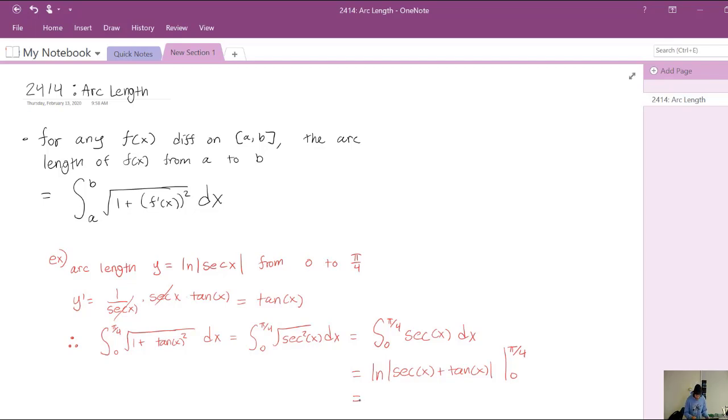And then finally we plug in, so we have natural log of secant pi over 4 plus tangent pi over 4, minus natural log of secant 0 plus tan 0.